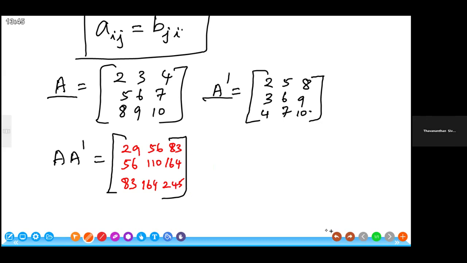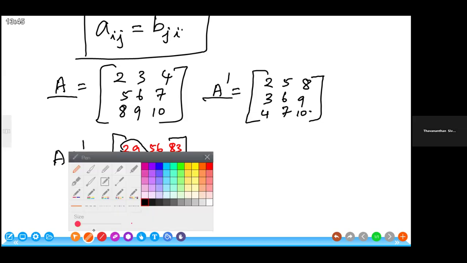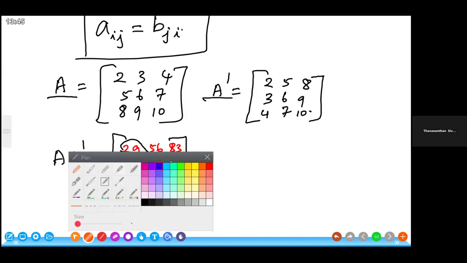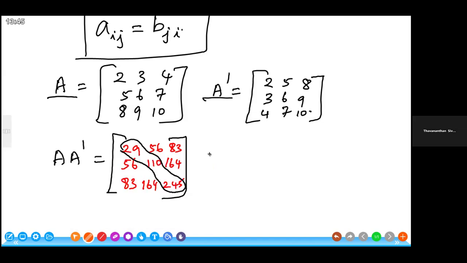How do you call these values in a square matrix? Already I mentioned, main diagonal. So that is the main diagonal. Look at the off diagonal. Off diagonal means above the main diagonal and below the main diagonal. You see a similarity.